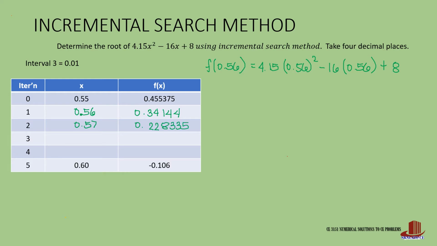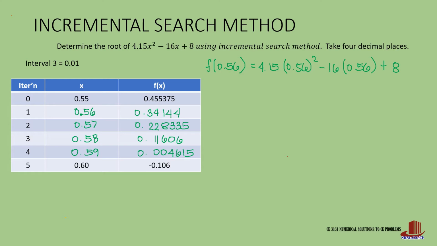And continuing with 0.58, f of x would turn out as 0.11606, but is still a positive. And lastly, we have 0.59. This would turn out as 0.004615.